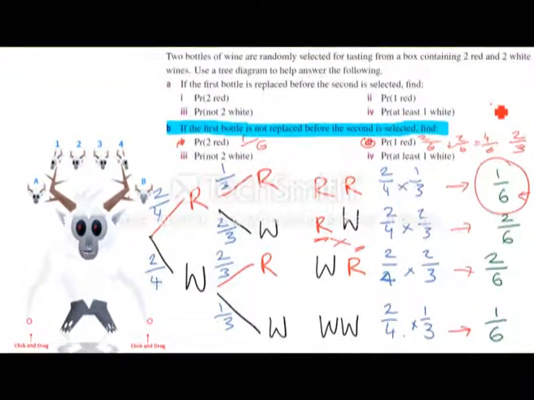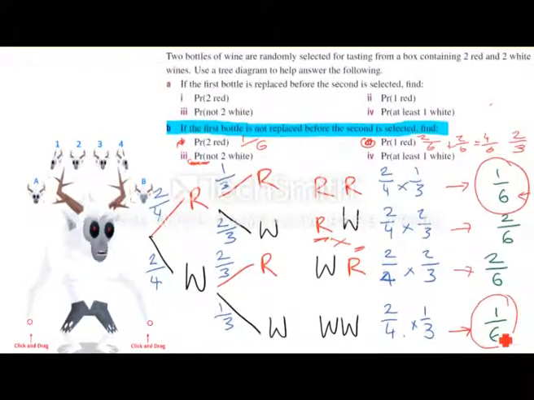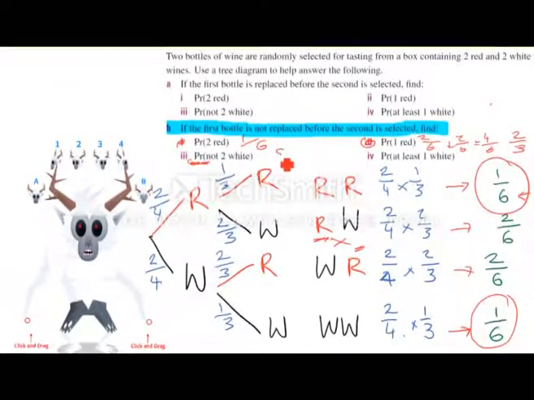What's the probability of not getting 2 white? Well, getting 2 white is 1 over 6, so the opposite of that is 5 over 6. So there's a 5 in 6 chance of not getting 2 white.